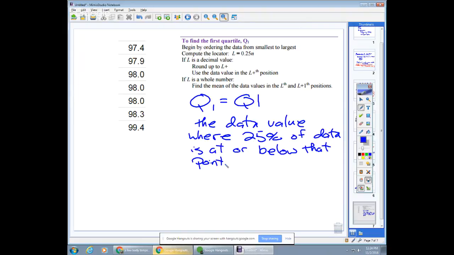Okay, so the locator method says, because we're looking for the first quarter, take 25% of the number of data elements you have, all right? So that means for our location, we want to take 0.25 times 7. So let's see, half of 7 is 3.5. Half of that is like what, 1.75?